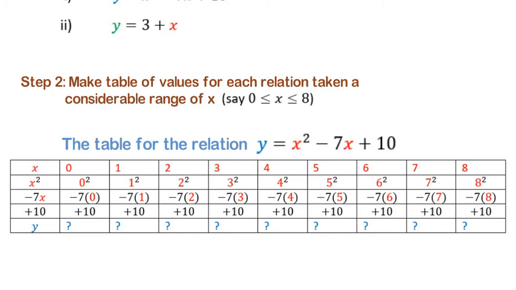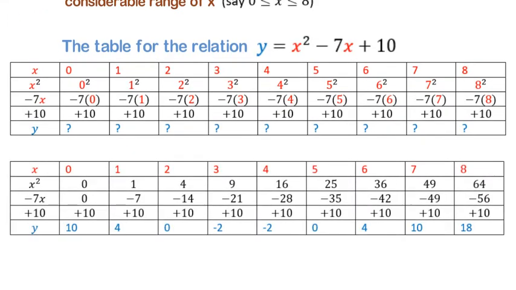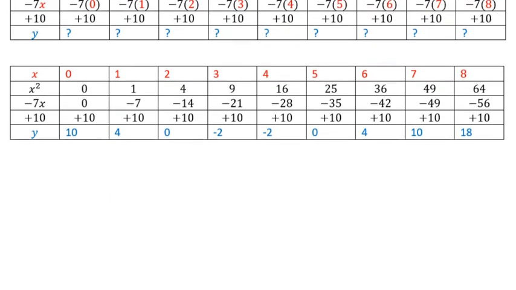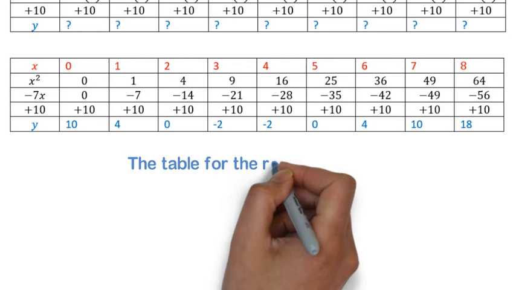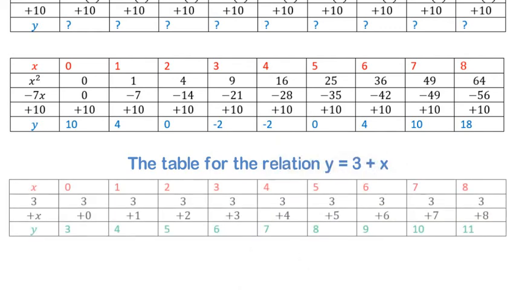First, make a table of values for the first relation, which is y equals x squared minus 7x plus 10, taking the values of x ranging from 0 to 8 to give you the corresponding values of y. You do the same for the relation y equals 3 plus x, taking the same range from 0 to 8 and getting the corresponding values of y as seen in the table as displayed.